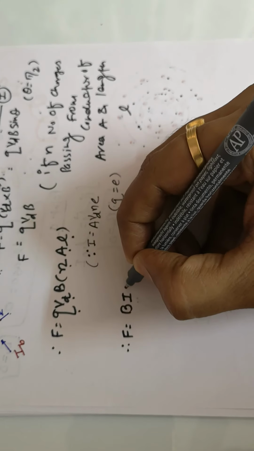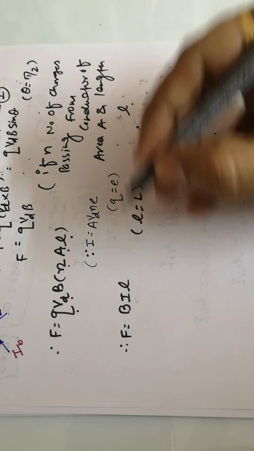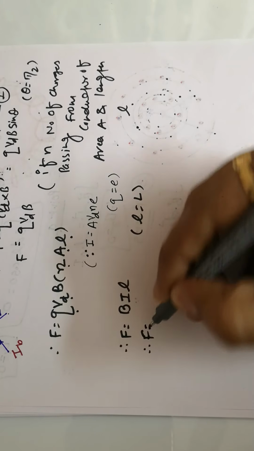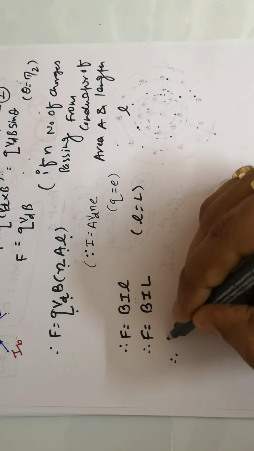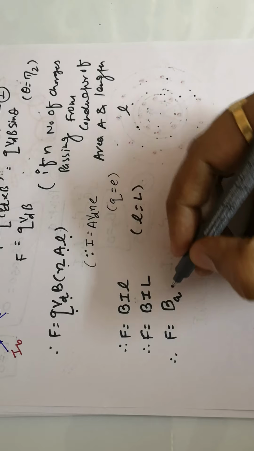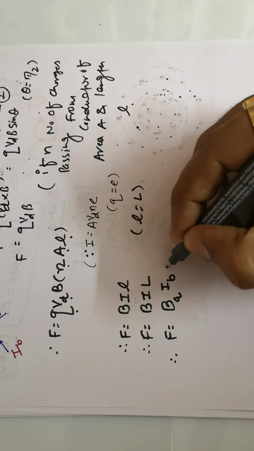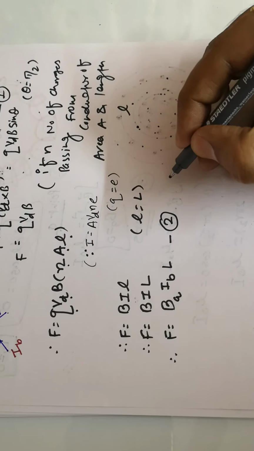So F equals BIL. I have taken the length as capital L, so F equals BIL. Here the force applies because of the magnetic field on the first wire, the current in the second, and the length L. I am calling this equation number 2.